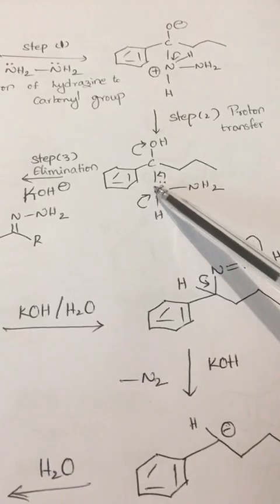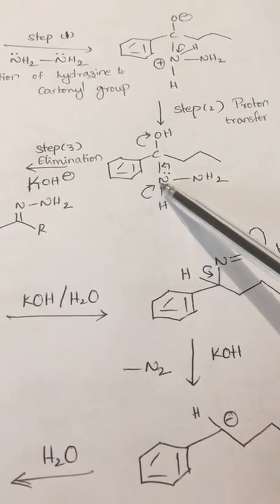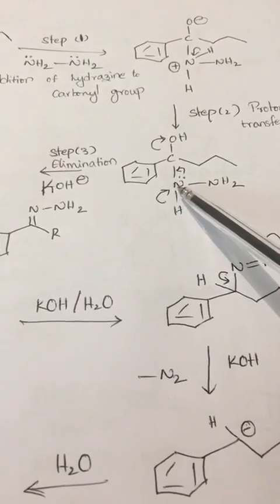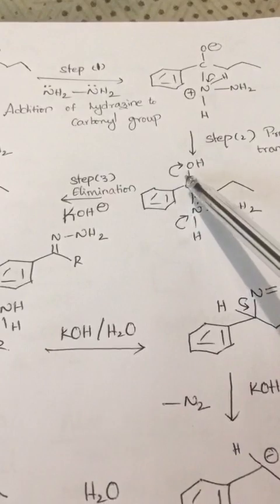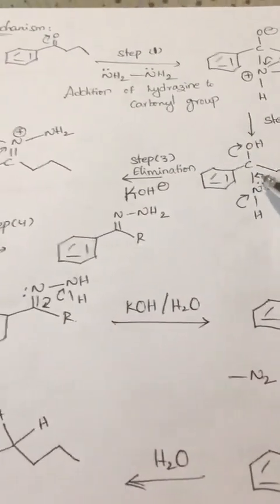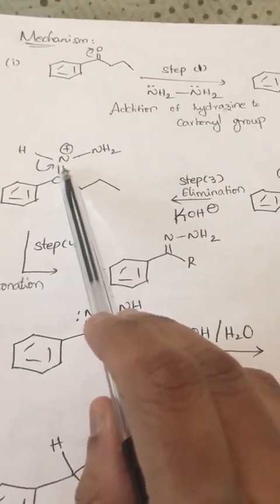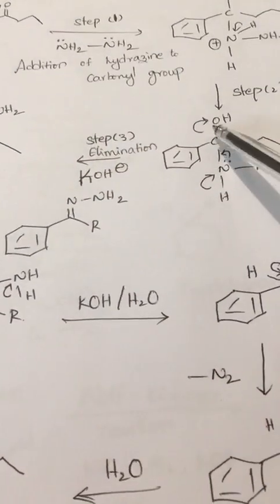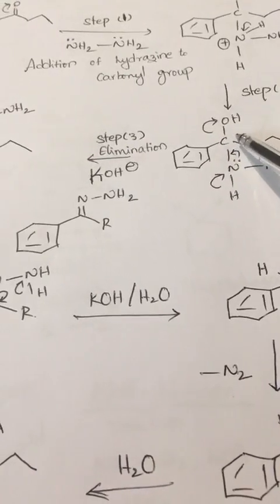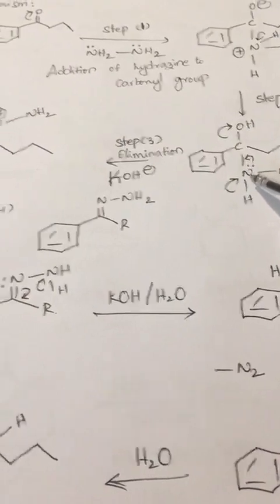To neutralize that positive charge, these electrons are polarized towards the nitrogen atom, and these electrons are polarized towards the oxygen. Then it forms a double bond between the positively charged carbon and a negatively charged nitrogen.